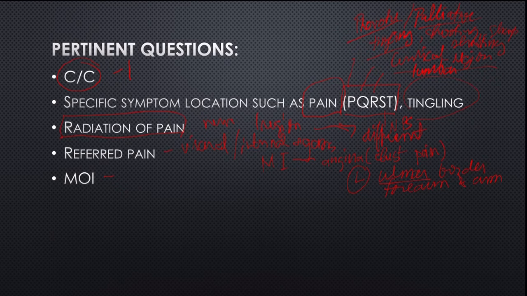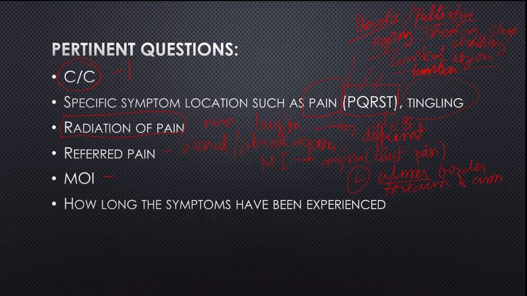Okay, meaning you have been doing that thing for a long time already. So mechanism of injury is important. What happened to the patient before he got the injury or before he got the manifestations? Okay, and how long the symptoms have been experienced.